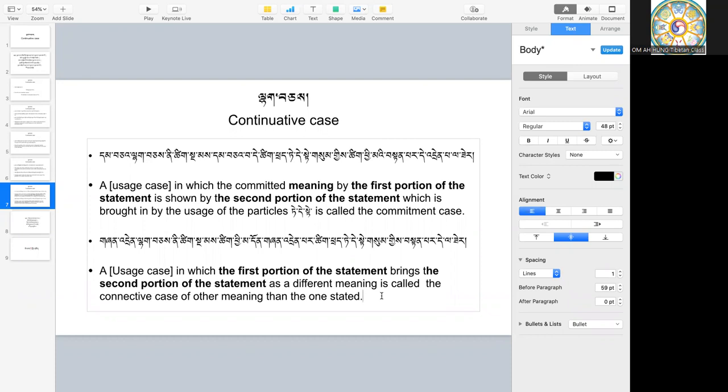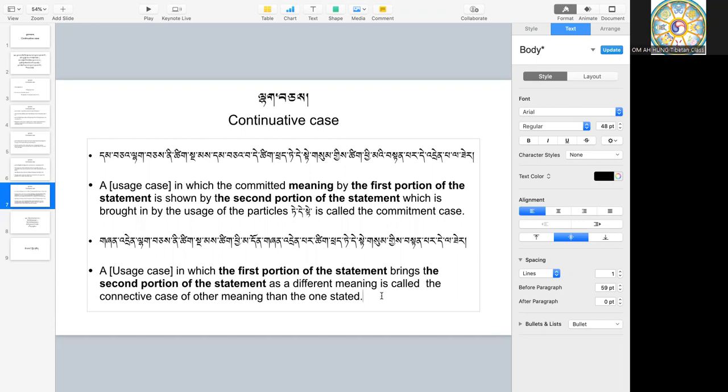The second type, the commitment case, is a usage case in which there are 4 different variations of what the committed meaning means. This committed meaning is committed by the first portion of the statement. The first portion means the part which comes before the connective particle, and it should be one of the compulsory components.